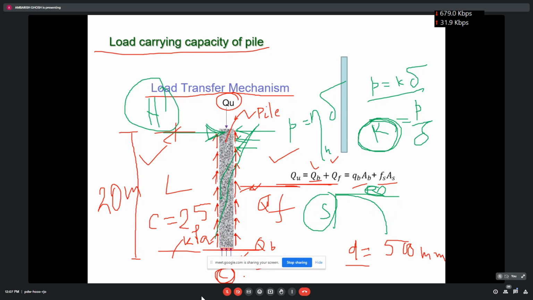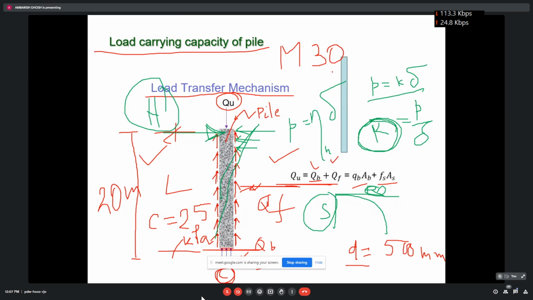Now you calculate the R value, that is the stiffness factor. You take the grade of concrete M30.